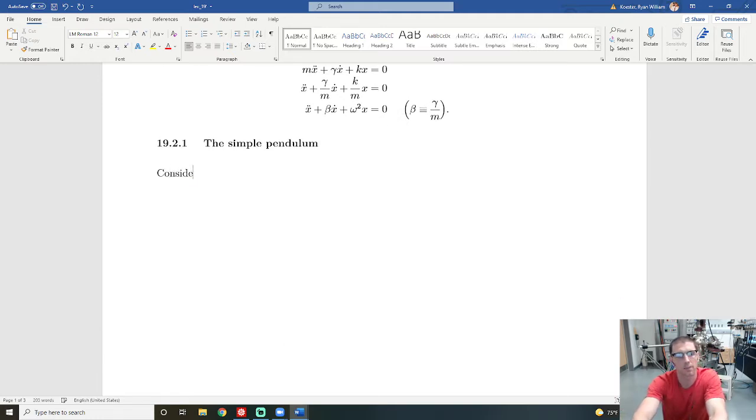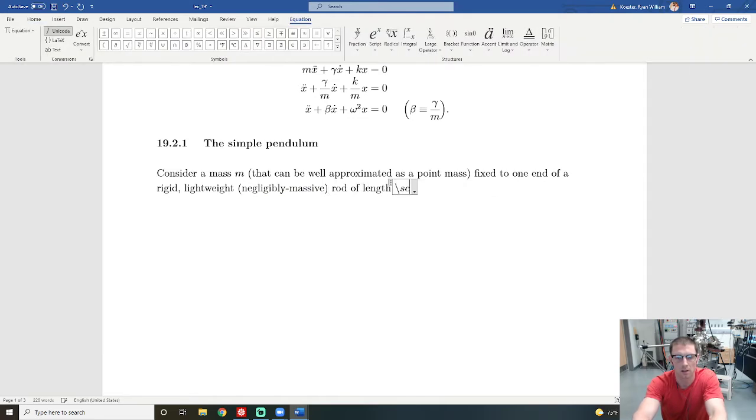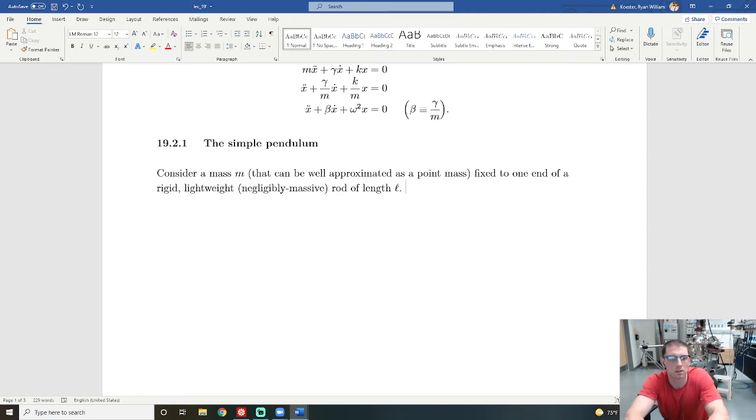So what I want to say is consider a mass m, and we'll say that it can be well approximated as a point mass, and it is fixed to one end of a rigid, lightweight, i.e. negligibly massive rod of length L. And let's say the other end of the rod is attached to the ceiling and is free to pivot.